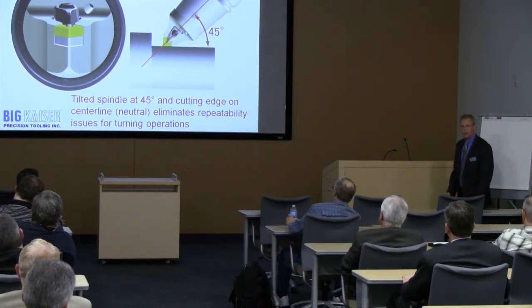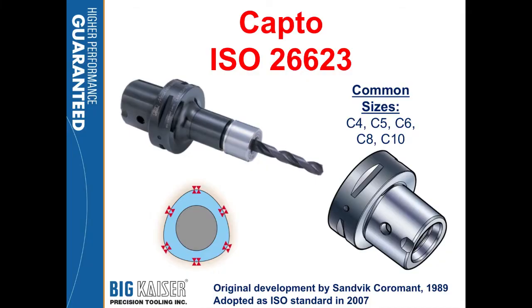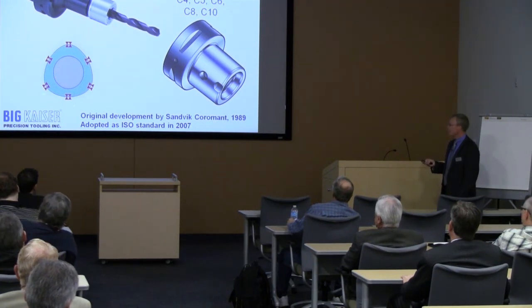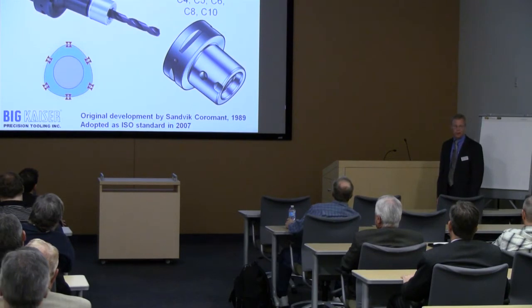That's the HSK Form T. CAPCO is also an ISO standard. It was adopted as a standard in 2007, but it's a very complex tool to produce. It's a polygon shape, which requires perfect fit 360 degrees around that polygon profile.